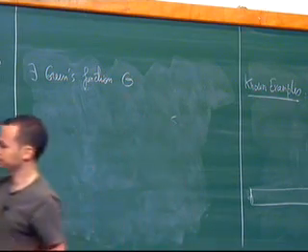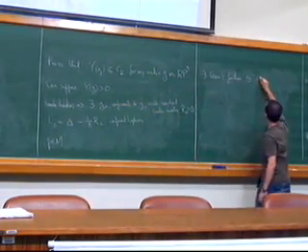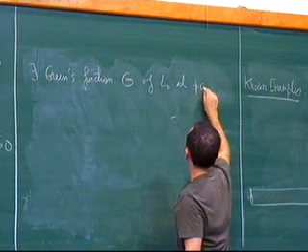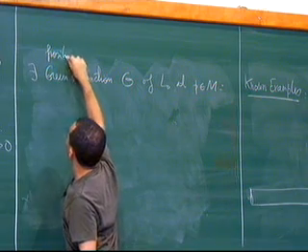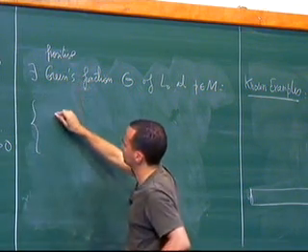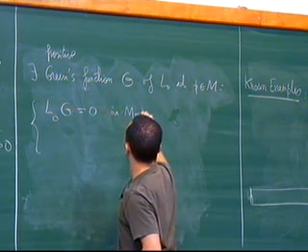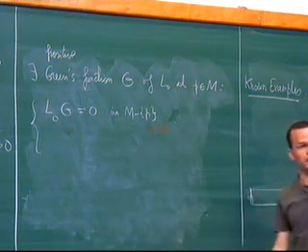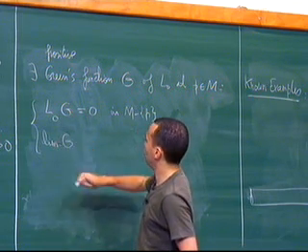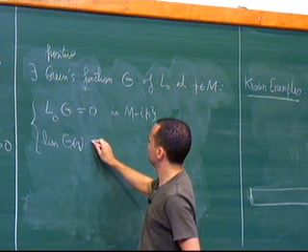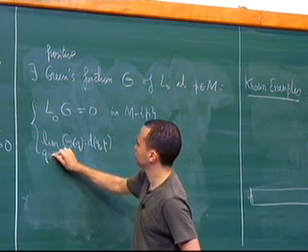So because the constant is positive, one can prove that there exists a Green's function G, right? Given a point P, I would choose a point of L naught at P. And this means that one can find a positive Green's function, a function which satisfies the equation L naught of G is equal to 0 outside the point P, and such that the function goes to plus infinity at P. So one can normalize it such that as you take the limit of G of Q times the distance of Q to P, as Q goes to P, this is 1.